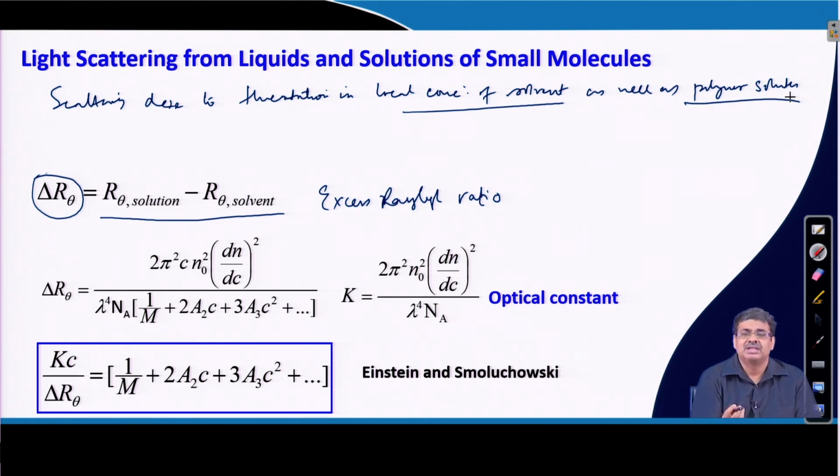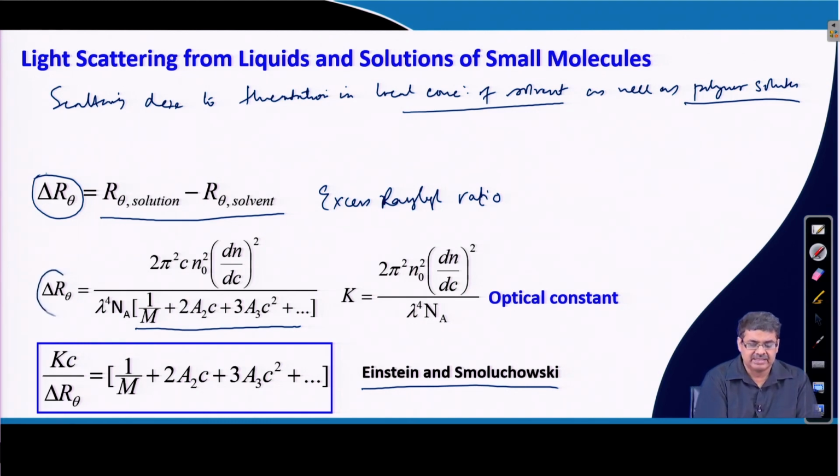Because of the local fluctuation in polymer concentration, there will be local osmotic pressure generation, and as suggested by these two scientists, we can use expressions similar to osmotic pressure with this excess Rayleigh scattering.